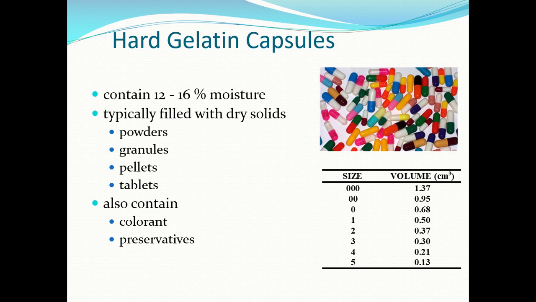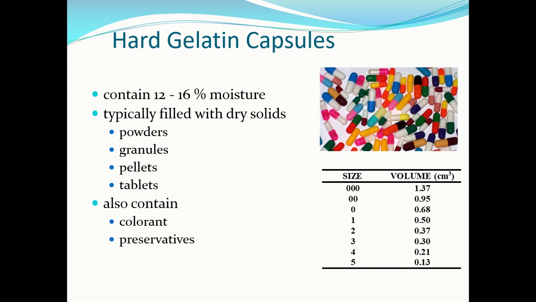Basically, the capsules are available in different sizes. The biggest size is 000, with a volume of around 1.37 cm cubed, and the smallest is numbered 5. So you should remember these mainly: 000, 00, 0, 1, 2, 3, 4, 5.